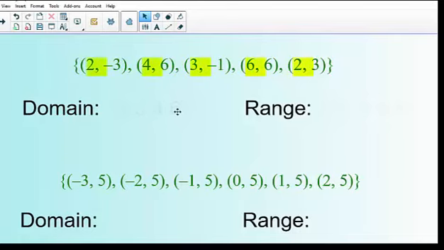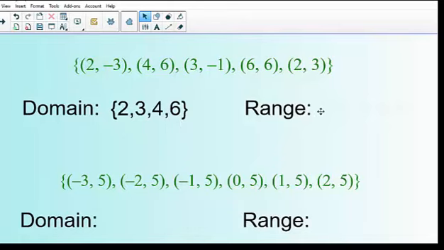For the domain, I need to use set brackets and list all of my x values in order from least to greatest. What's important is that just because the number 2 appears twice, I only have to list it once. So my x values in this example are 2, 3, 4, and 6.